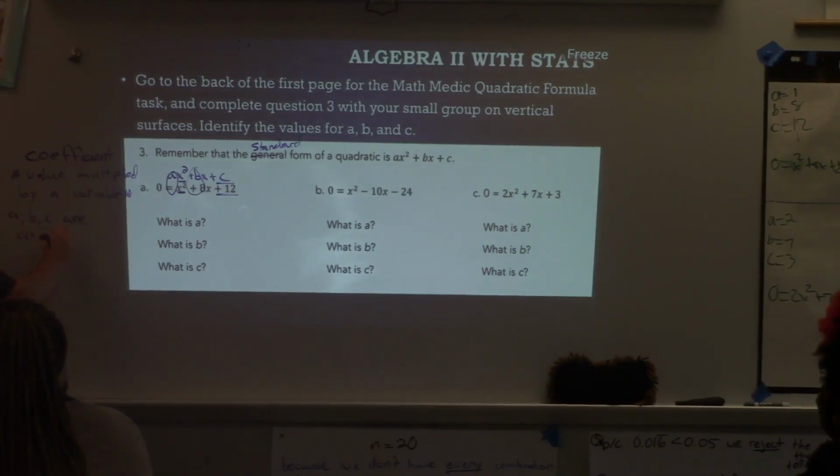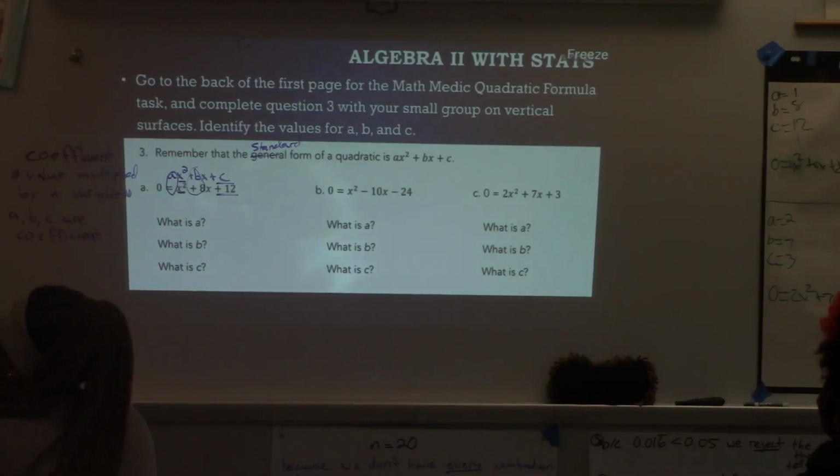Technically, C is a special coefficient called a constant, but A, B, and C are coefficients. Okay? And so, should we include variables when we talk about A, B, and C? No. Okay, so please be attentive to that detail. That's why I'm bringing up this language. A, B, and C are coefficients. Coefficients are the values multiplied by a variable.